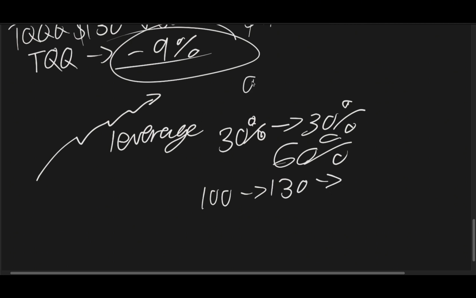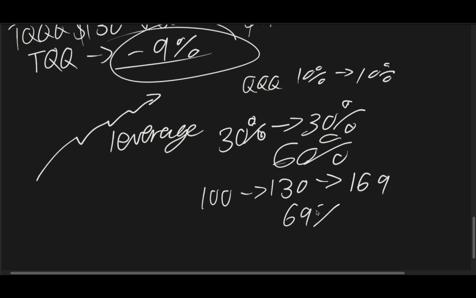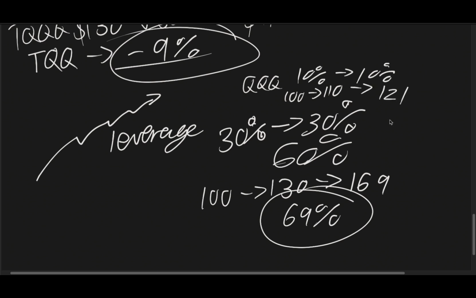Let's say the original QQQ was just doing 10% for one day, then another 10% the other day. The reason why leverage ETFs are good here is because, look, your capital becomes 169. It is a 69% return. While QQQ would have gone from 100 to 110 to 121, so this would have a 21% return.